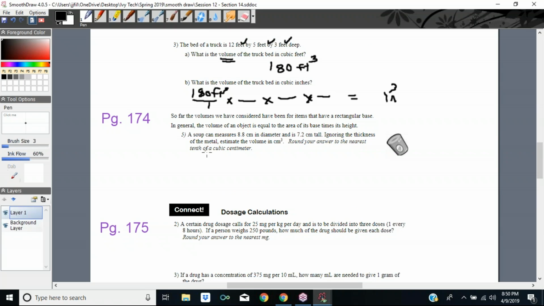So number 5 is using the area with the circle and the height to make it a cylinder. And so here we'll look at this. It says the diameter is 8.8. That means that the radius is 4.4.